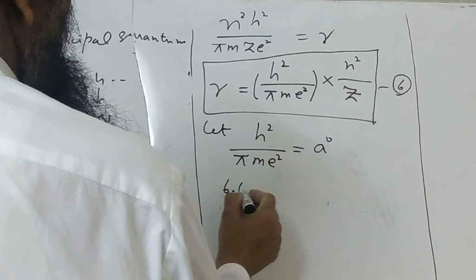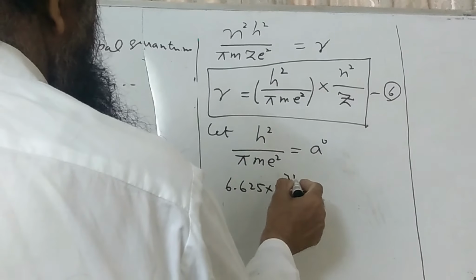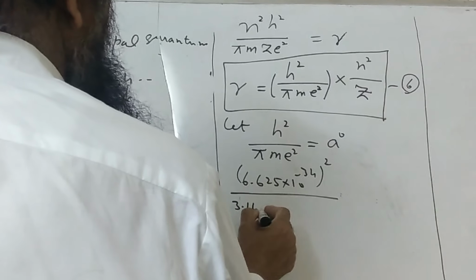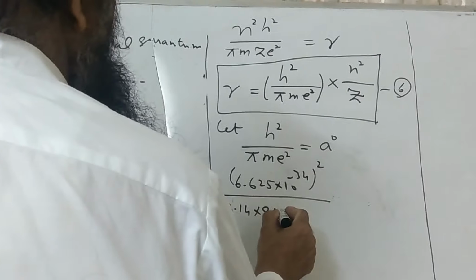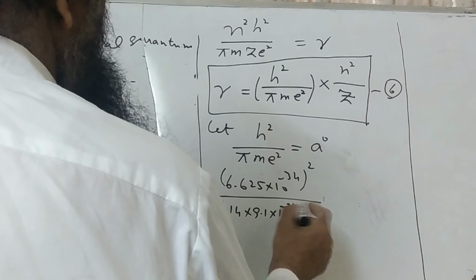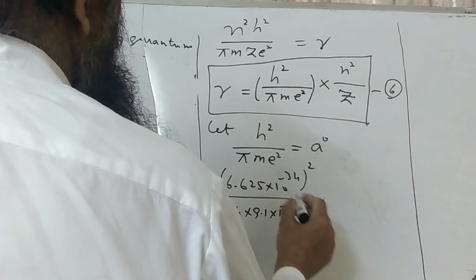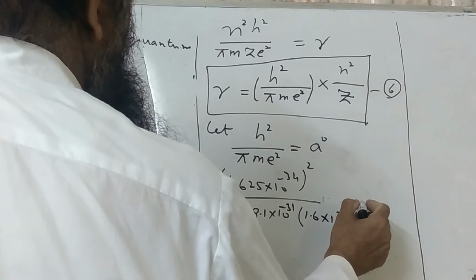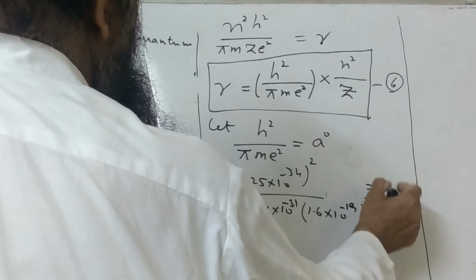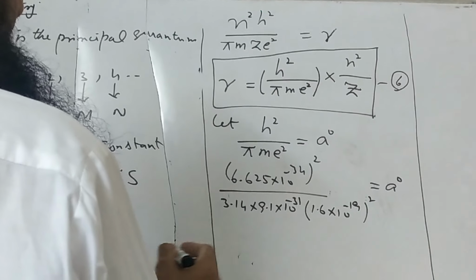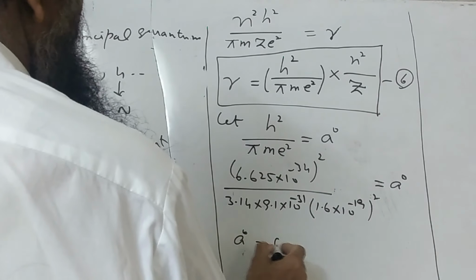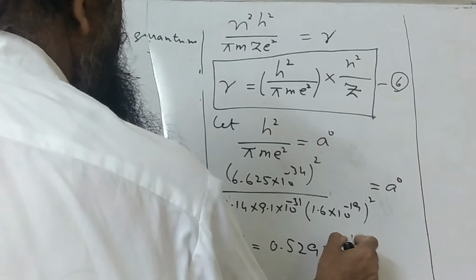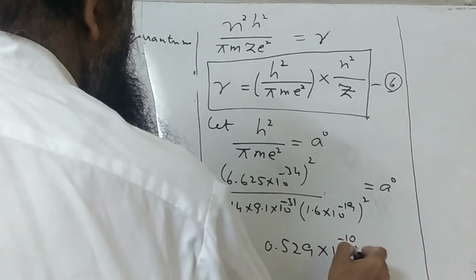By putting the value (6.625 × 10^-34) square divided by 3.14 into 9.1 × 10^-31 kg, the mass of the electron, multiplied by (1.6 × 10^-19) square, we will get the value of a naught, which is equal to 0.529 × 10^-10 meter.